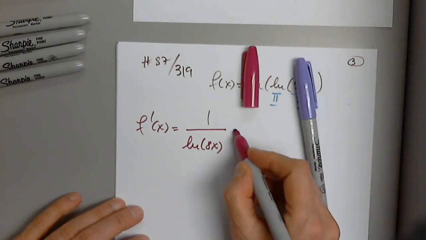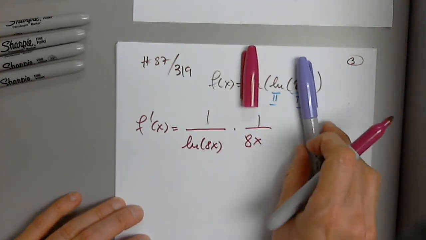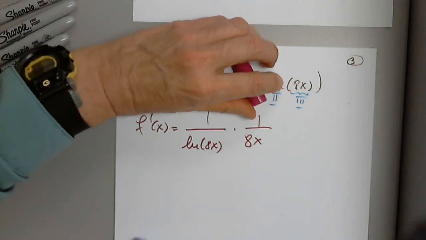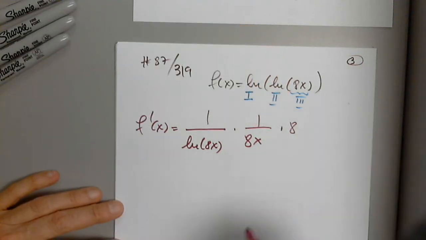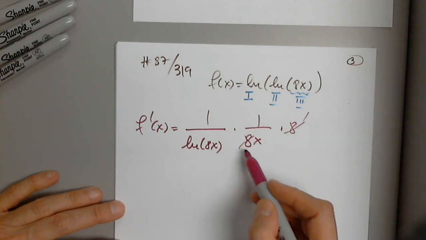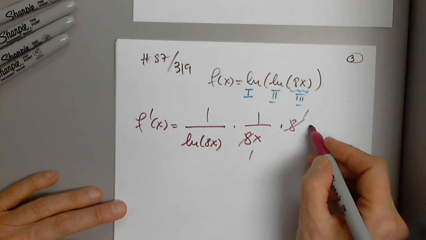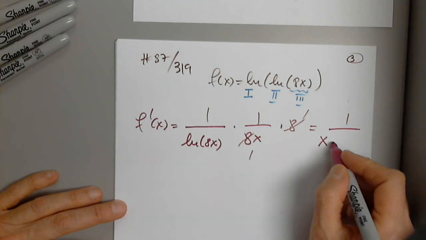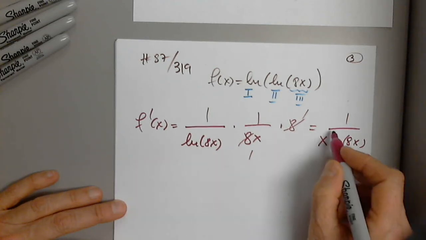So yes, times 1 over 8x, but now I have to differentiate 8x, the third layer, multiplied by 8. It happens that I can simplify the 8, and the final simplified form is 1 over, we put x in front, natural log 8x.